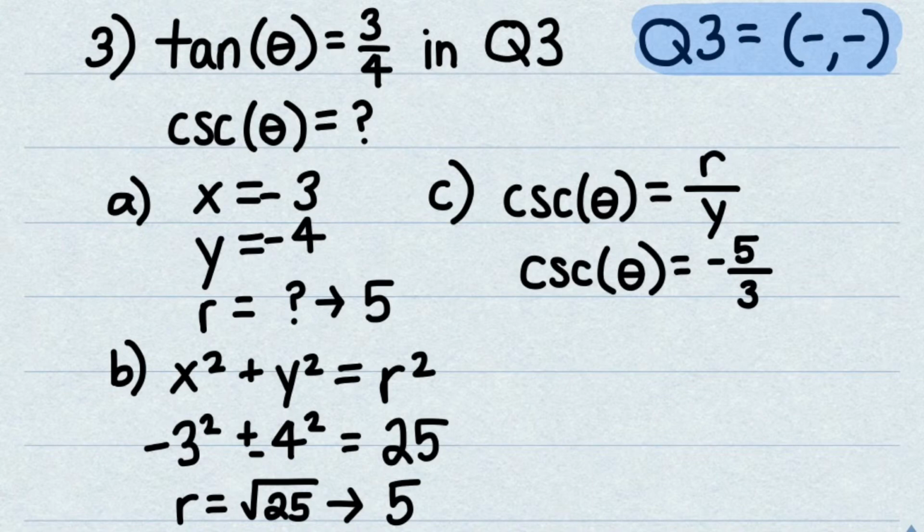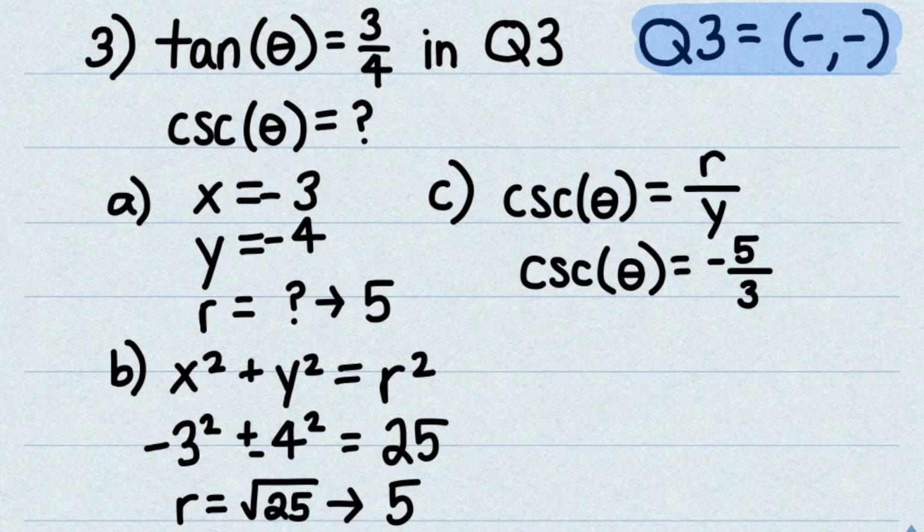They're both negative because they're located in quadrant 3, and we have r, which we don't know. So we're looking for r. We plug this into the equation. We get negative 3 squared plus negative 4 squared is equal to r squared. R squared becomes 25. We take the square root of 25. So we find that r is equal to 5.